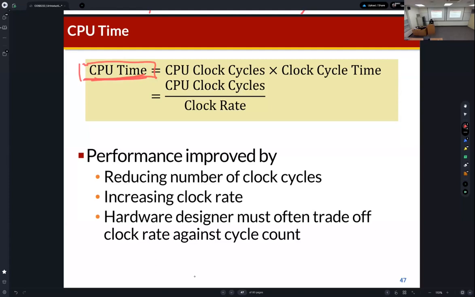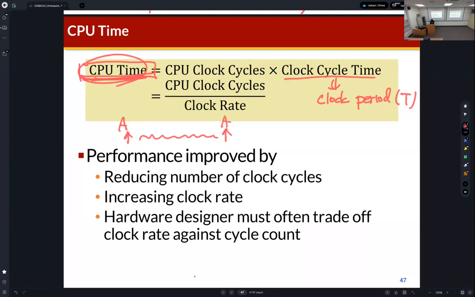I mentioned that the clock cycle time is the clock period, T, large T. And how can you measure CPU time? Application A starts at this time, and then A ends at this time.